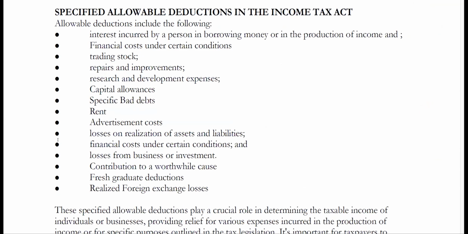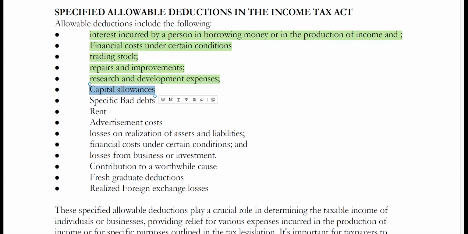We now have to look at the specified allowable deductions in the Income Tax Act. These are particular allowable deductions that we can have. 1, interest incurred by a person in borrowing money for the production of income. 2, financial cost under certain conditions. Trading stock, which is cost of sales, if the person is either manufacturing or selling. Repairs and improvements under certain conditions. Research and development, provided it is not included in the cost of an asset.